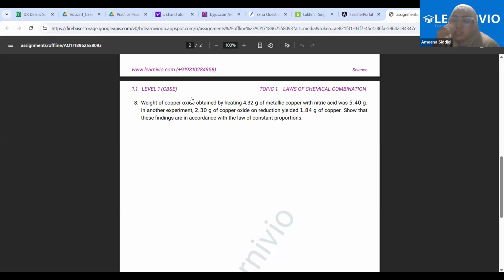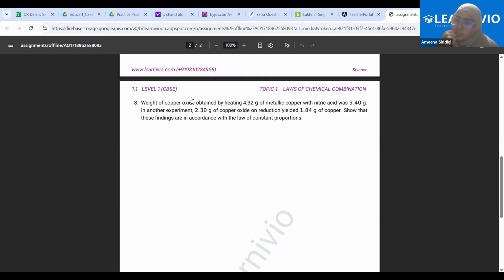Just leave the answer. Tell me what is the approach that you are following to solve this question? First I took the mass of copper as 4.32 gram. Then the mass of copper oxide is 5.40 gram.